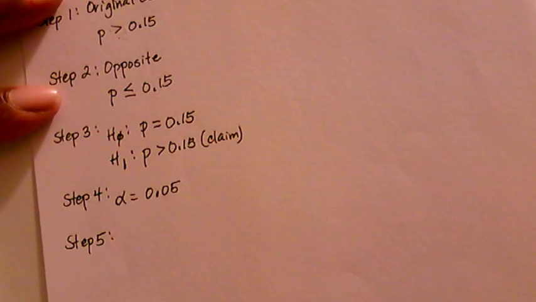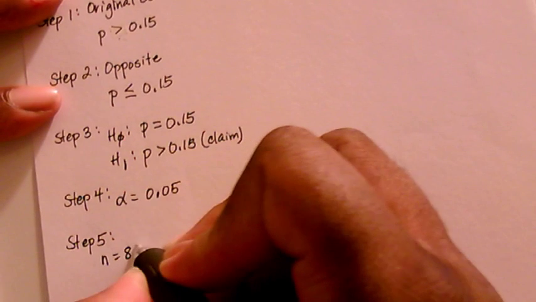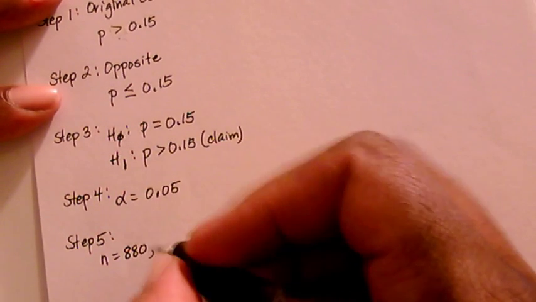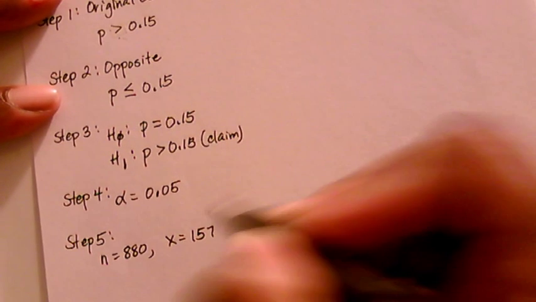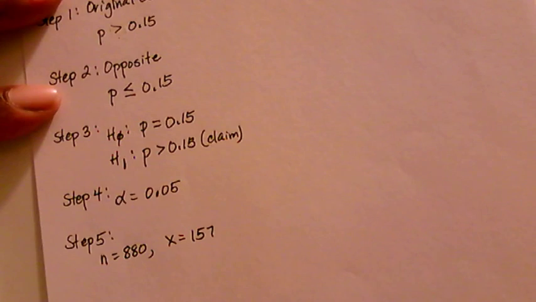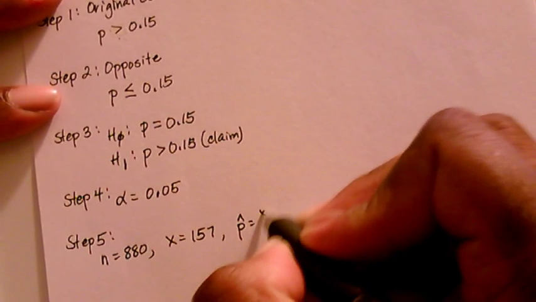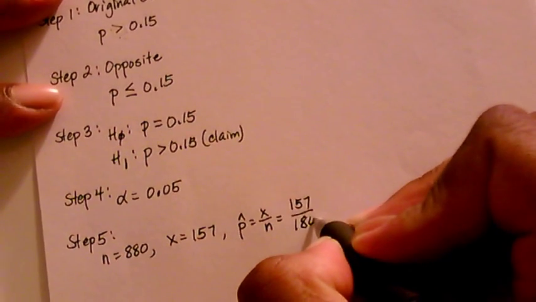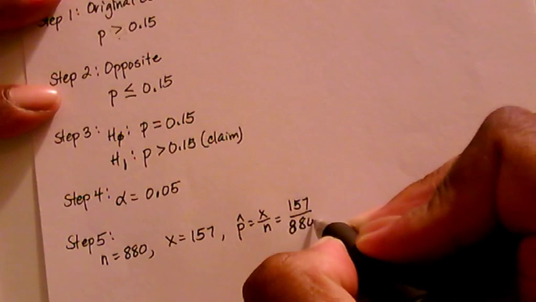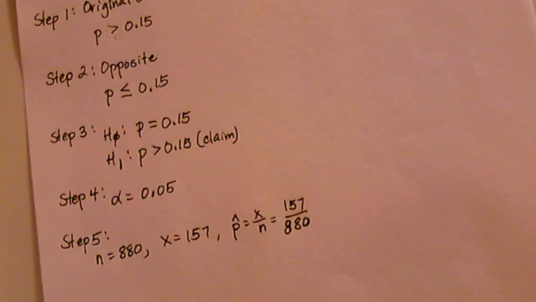Okay, we had a survey of 880 households, so that's your N, which is 880. 157 of them use email, so X is 157, which means P hat, that's X over N, which is 157 divided by 880. We'll leave that as a fraction.